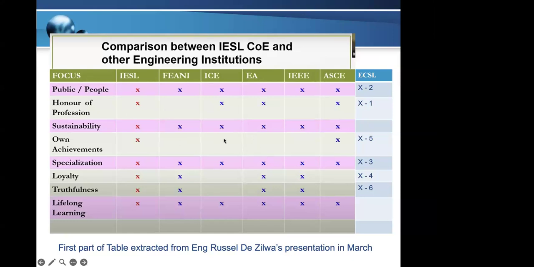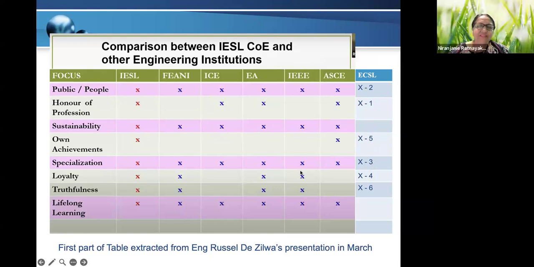Yeah, in the ECSL, even a technician can register, but in the IESL only engineers can register. Yes. So now, as an associate engineer, I believe at this point, Abdullah, you are registered in the ECSL and you are a member of IESL. Now there are two codes of ethics that you have to abide by.